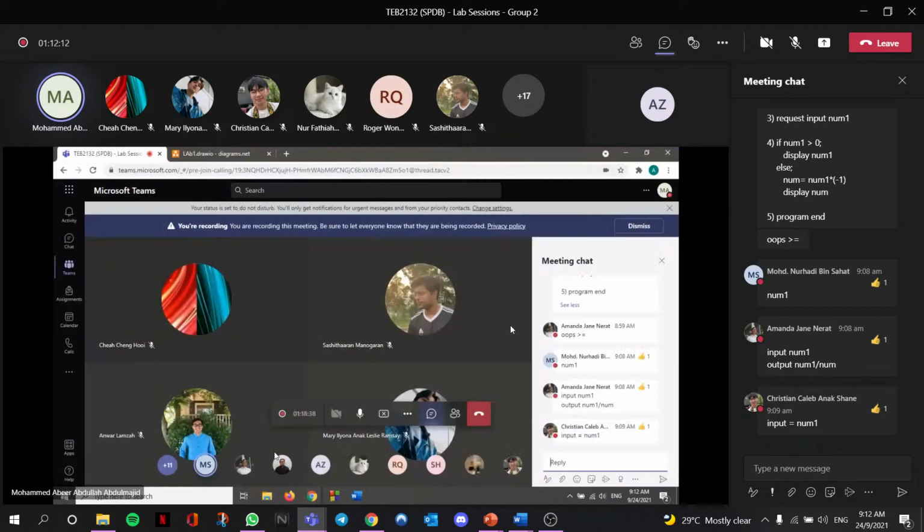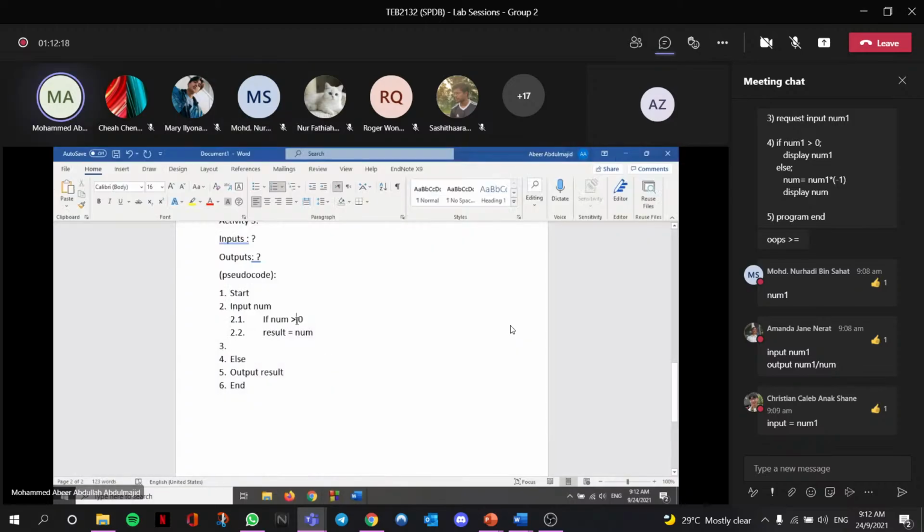How to write greater or equal? Here you can just write greater or equal like this. It means greater or equal.